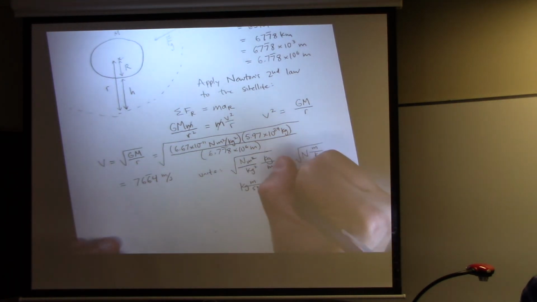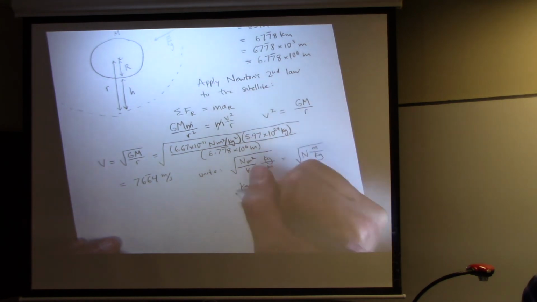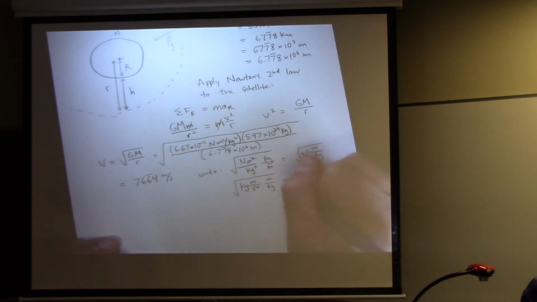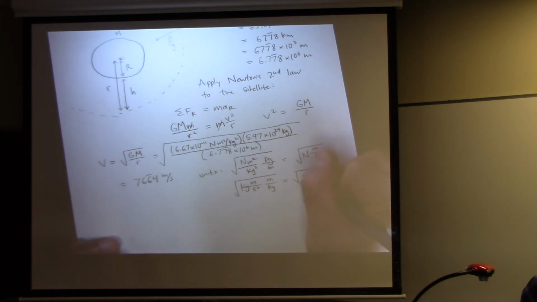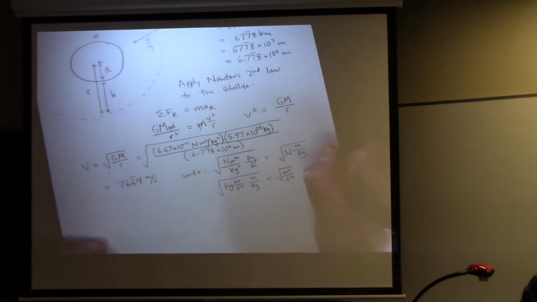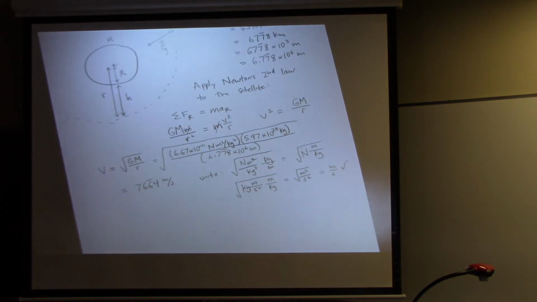And again, that's coming along with meters over kilograms, all under the radical. We can cancel out kilograms. Two factors of meters on top is meters squared, and then we're dividing by seconds squared. This is meters per second. Okay, so that's why I was able to say that this comes out in meters per second.